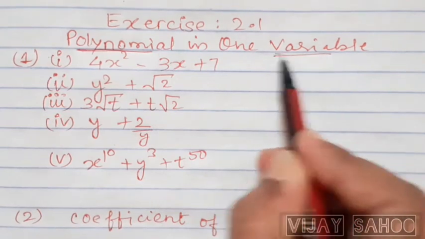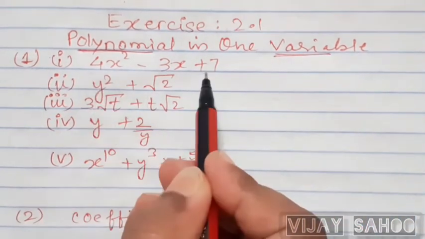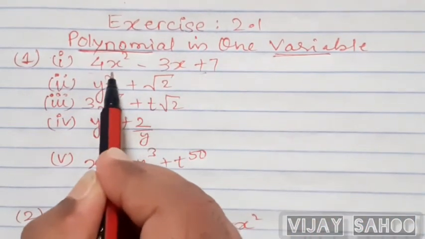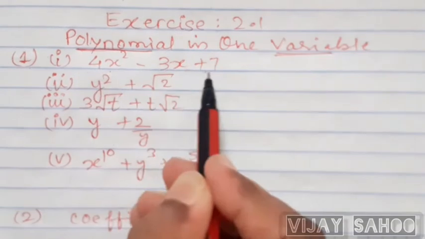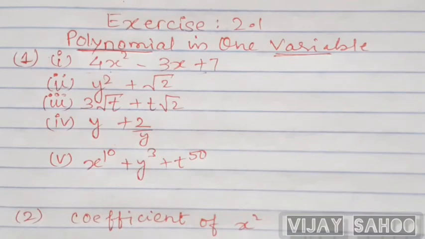One variable मतलब क्या, if there is an equation of x, तो पूरे इक्वेशन में x का ही मिलेगा. उस इक्वेशन में जो वेरिएबल होगा, that will be in the form of x. If there are more variables, यानी दो अल्फाबेटिकल टर्म्स आ रहे हैं, then it is not a polynomial in one variable. So first thing ये भी ध्यान रखना है कि पॉलिनोमियल है कि नहीं.